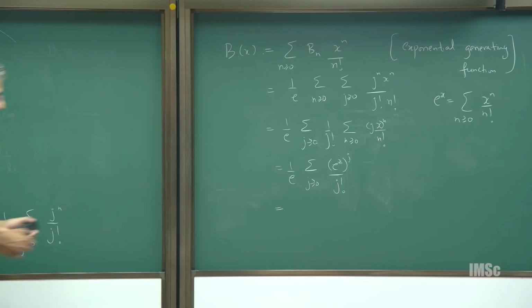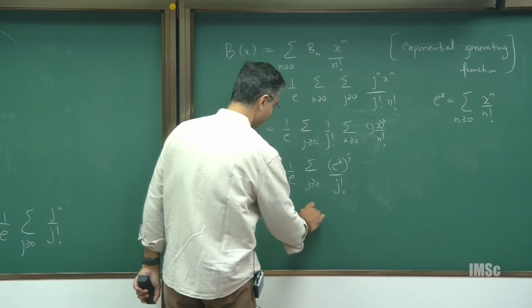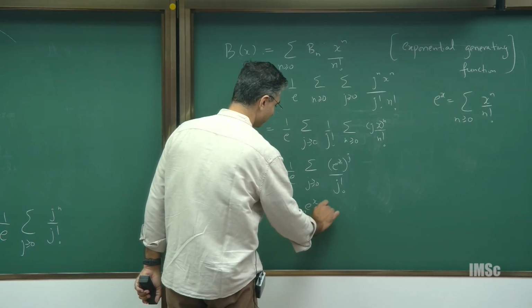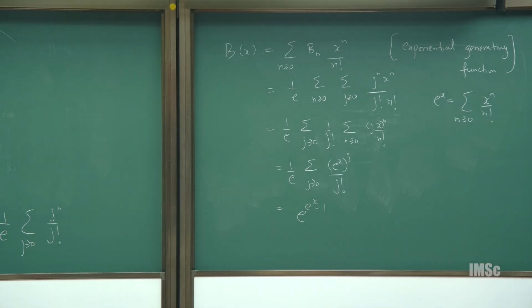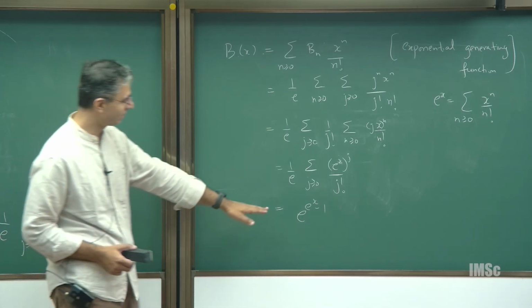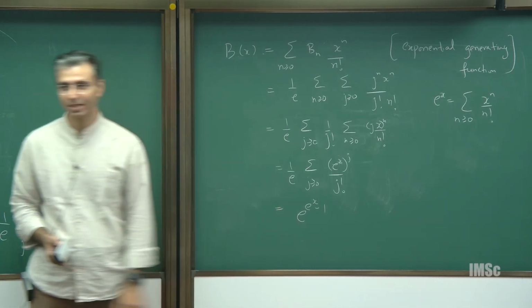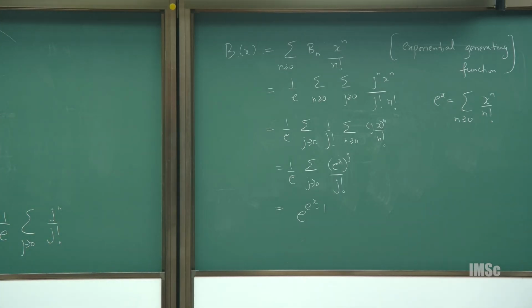E to power, exactly, yeah, it's e to power e to power x minus 1. Okay. So, whatever this Bell number is, it has a very nice, very small, easily memorized exponential generating function. Okay.